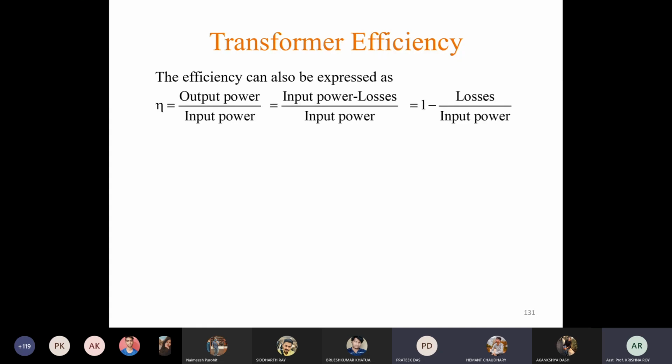Output power can be expressed as the difference of input power and losses. So input power minus losses is actually the output power. If you divide this by input power, you will get 1 minus losses by input power. Losses we have measured, and input power we have calculated using the nameplate data and the losses.